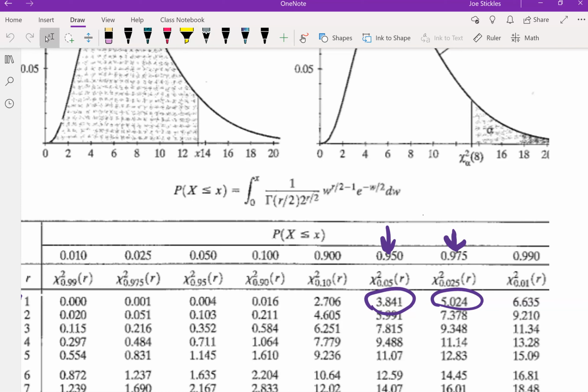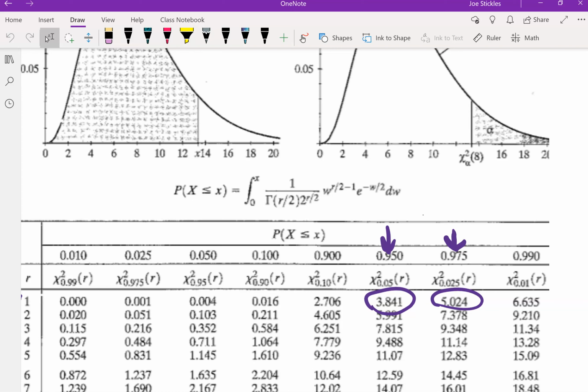If I subtract probabilities, I think the only one that's going to work is 0.95 and 0.05. I could do 0.97 and 0.07, but I don't see it in the table. If I had Excel, I could do it, and I will show you how to do these things in Excel to find these values, and you won't have to ever go back to the table again. But that's not today.